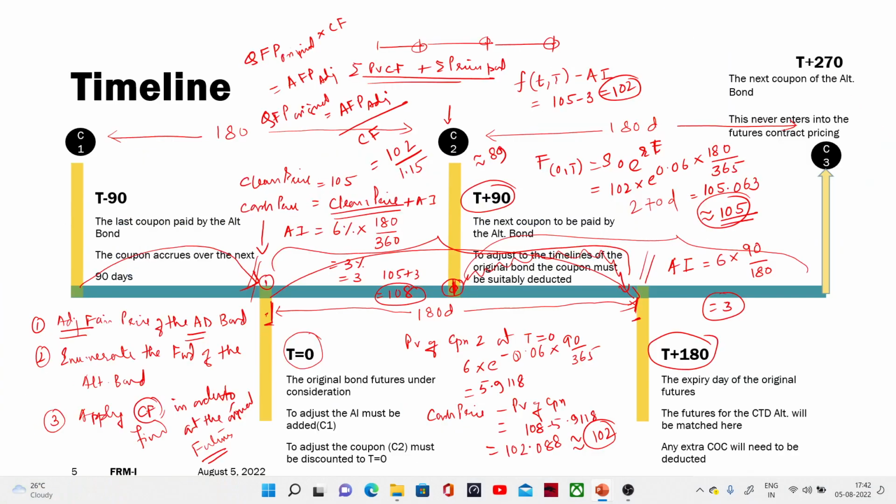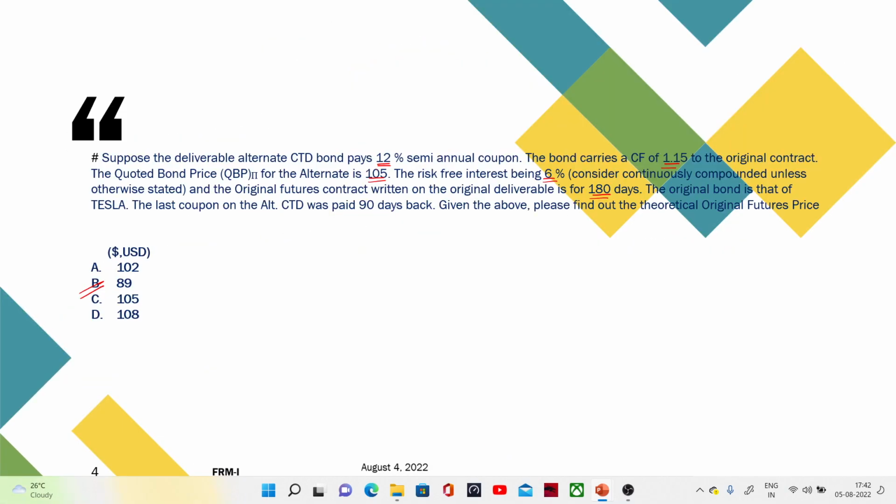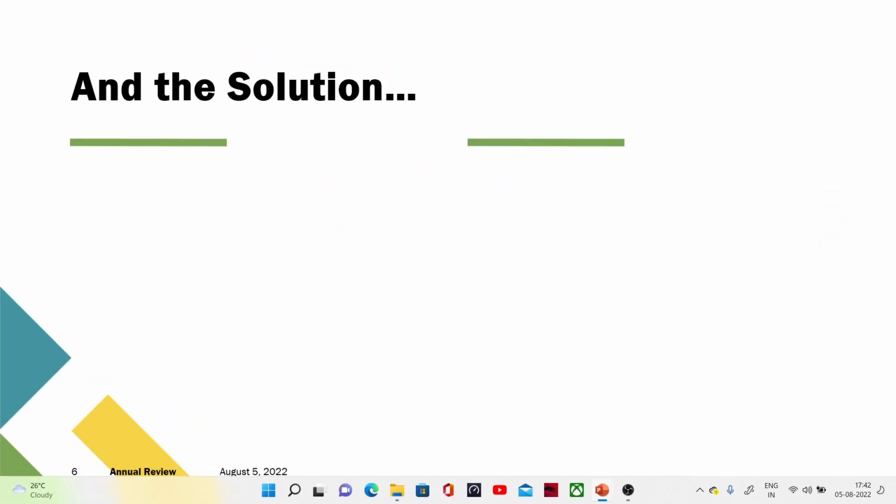So for this particular problem, I'm rewriting the steps for both the problems in order to summarize. We have already talked about a few of the notations in case you have missed out. So we talked about them again. First is QBP. What is QBP? QBP happens to be the quoted bond price. Which bond price? It is the quoted bond price of the alternate deliverable.